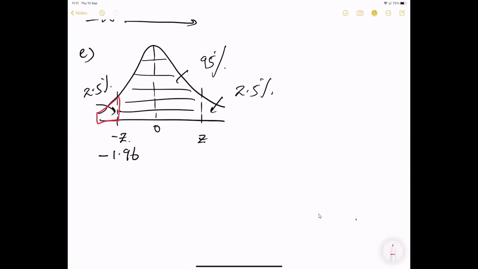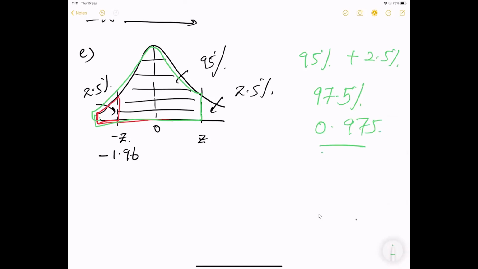And from negative infinity to the upper point, the total area should be 95 percent plus 2.5 percent, which is 97.5, so 0.975.